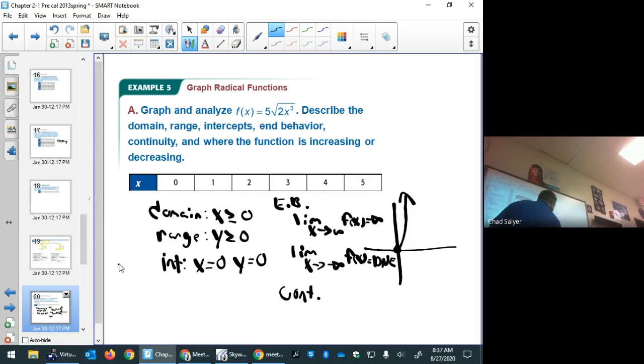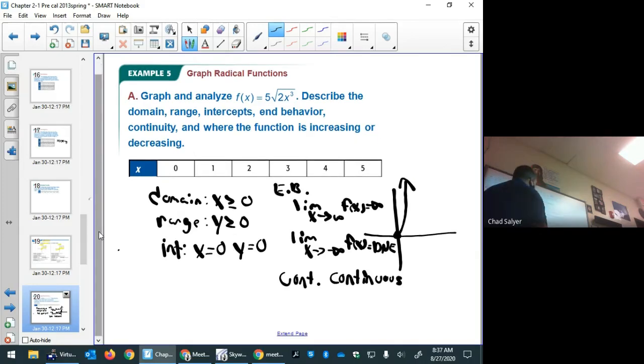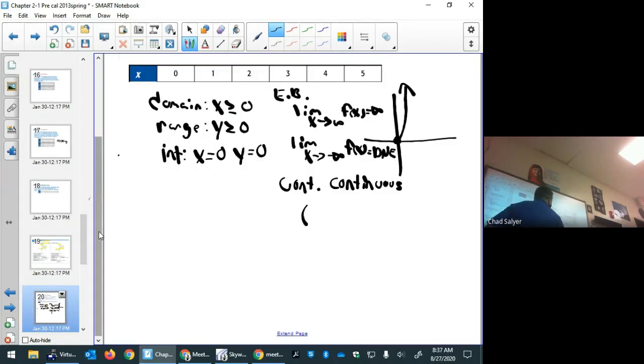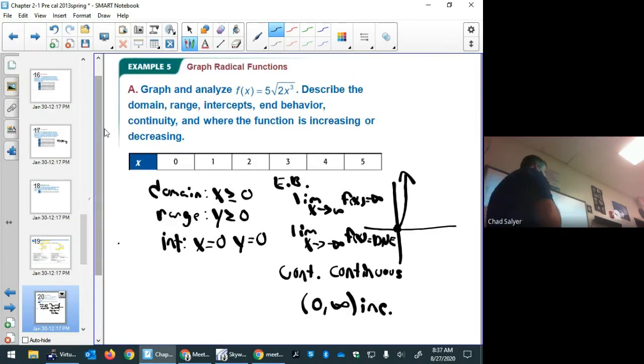So remember that if we can graph it without lifting our pencil up, which is the case here, it is continuous. So its domain is not all real numbers, but it is continuous on that domain. And intervals of behavior, just one. So from 0 to infinity, we're increasing here.